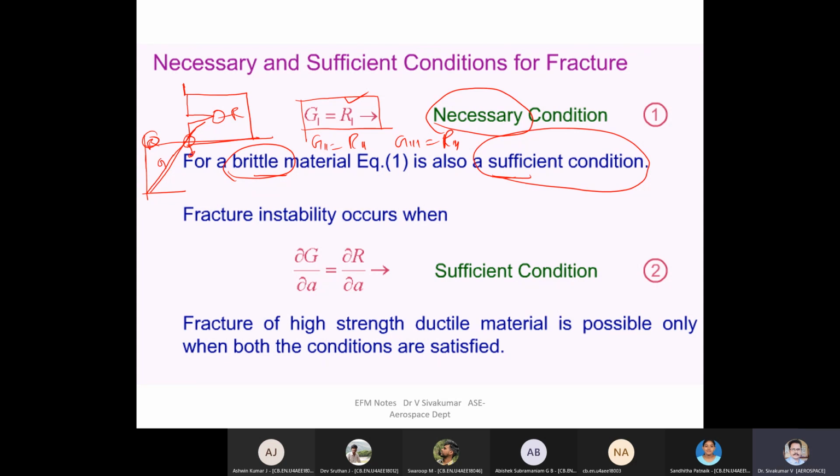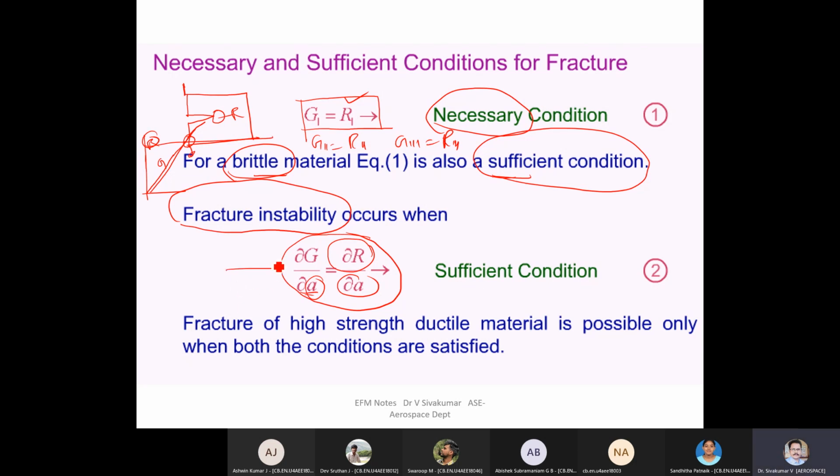But when the material shows some ductility, then another condition also you need to check. What is that? It is the slope: dou G by dou A is equal to dou R by dou A, where A is the crack length.